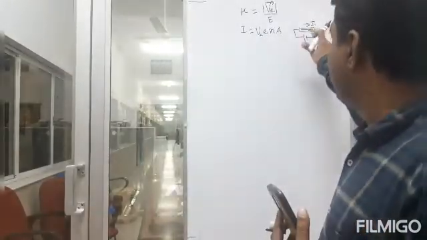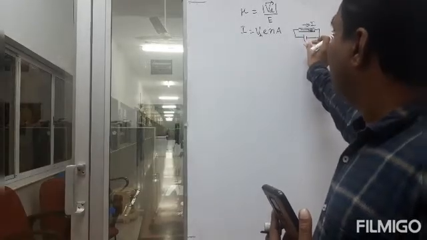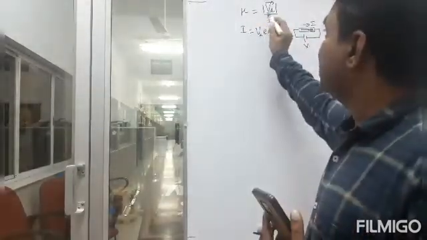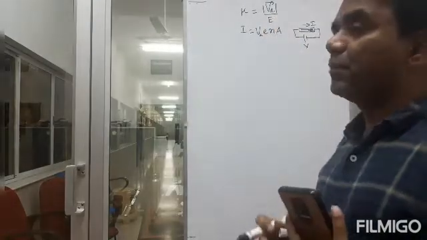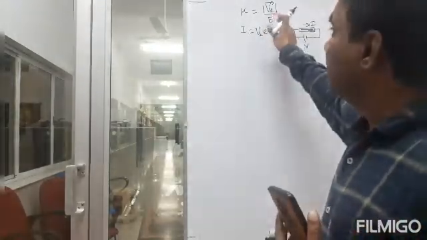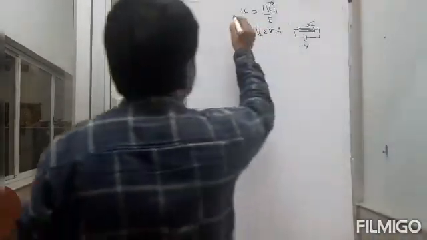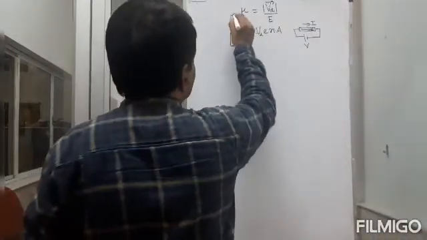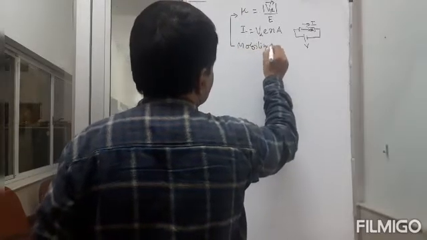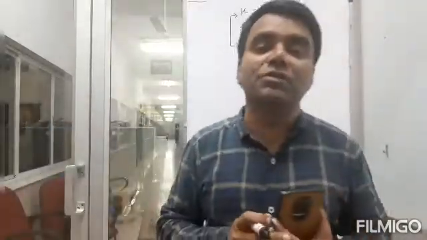Okay, this also increases with V. So one important measure is this mobility, which is Vd per unit field. So this is called the electron mobility. So mu is called the mobility.